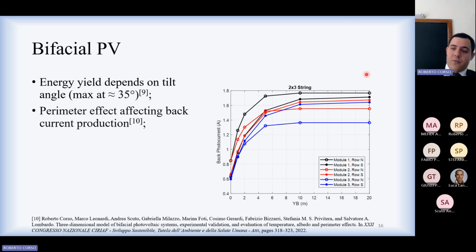This is quite of interest because when you have a string of modules, these are usually connected in series, and therefore the overall current of the system is constrained to the lowest of its contribution. That means that in this case, the overall back photocurrent of the system will be limited to these values, and this is all energy that is basically lost.